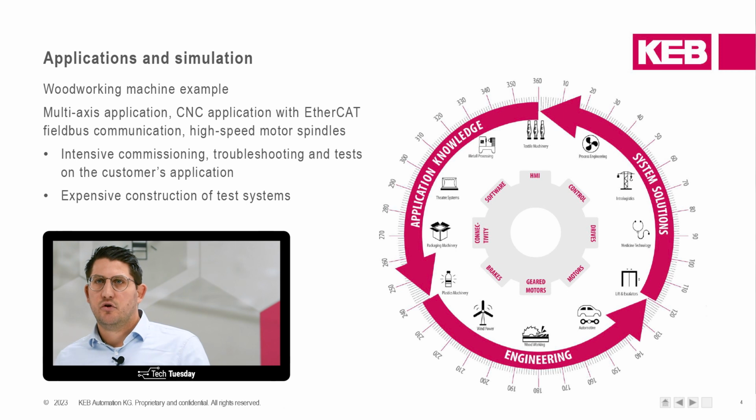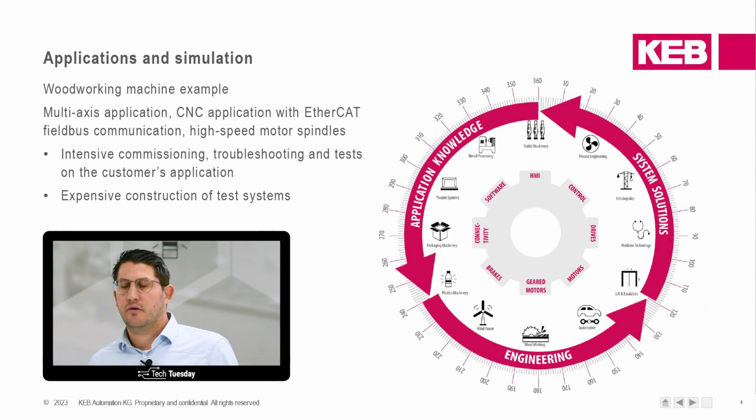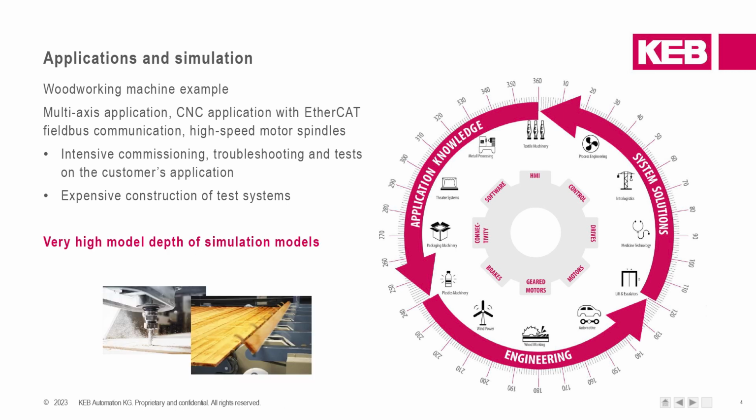The intensive commissioning, troubleshooting and tests on the customer application is one of the biggest challenges for our customers, along with the expensive construction of the test system for these huge machines. With a very high model depth of our simulation models, we have a benefit for you and your engineering process.